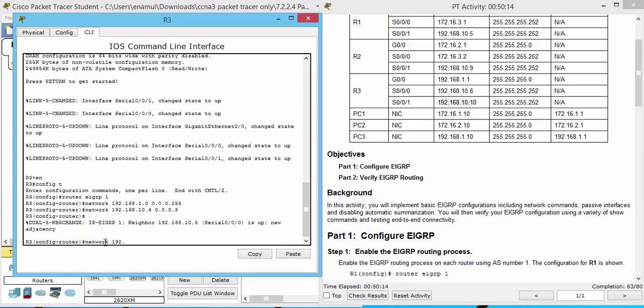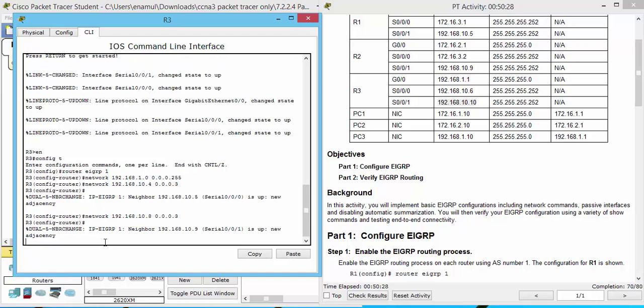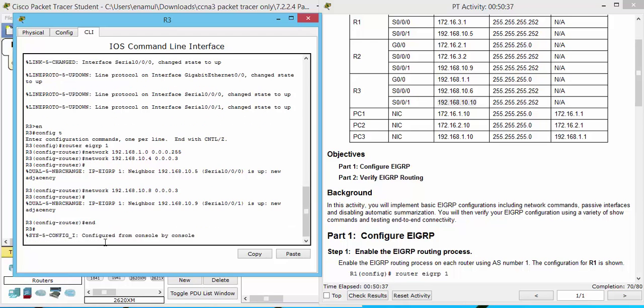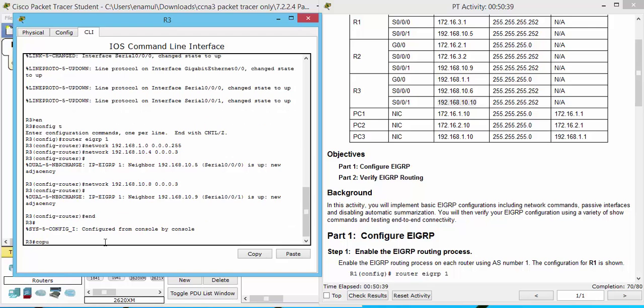Network 192.168.10.8 and 0.0.0.3. So we advertise all those networks, and then we copy run start.